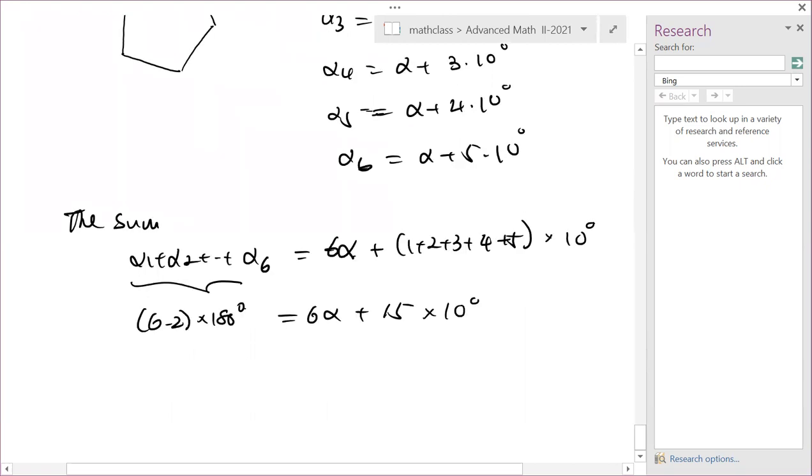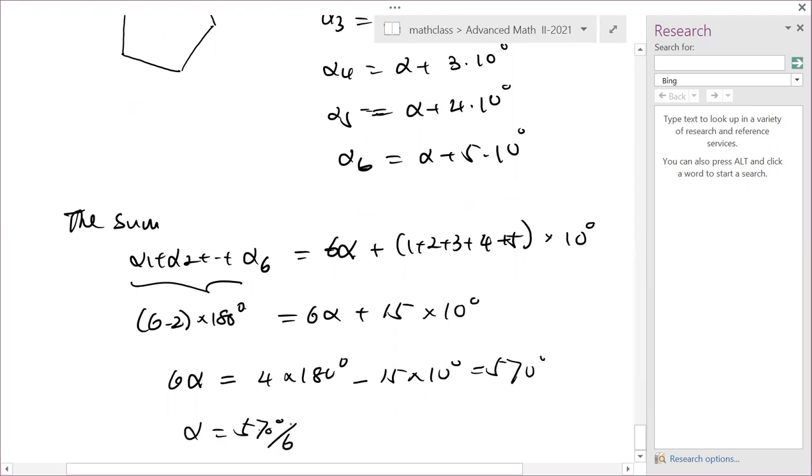So you get alpha first. 6 alpha is going to be 4 times 180 degrees, minus 15 times 10 degrees. You do the calculation: 4 times 180, minus 15 times 10, then divide by 6.